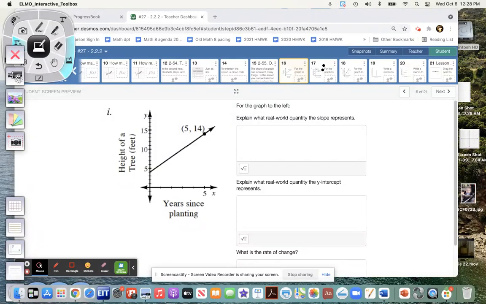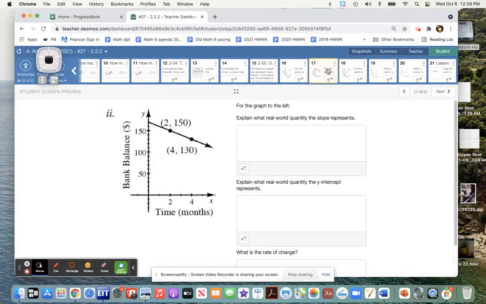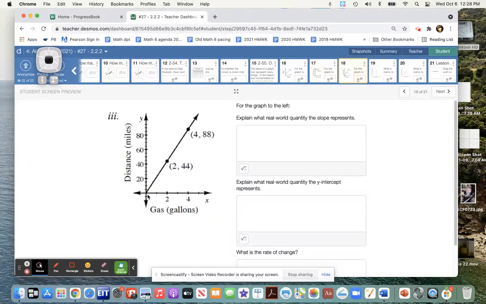Change to the mouse, please. Oh, okay, did it? Okay, so it's the bank balance when 0 months have passed. It's the distance traveled when 0 gallons of gas have been used.